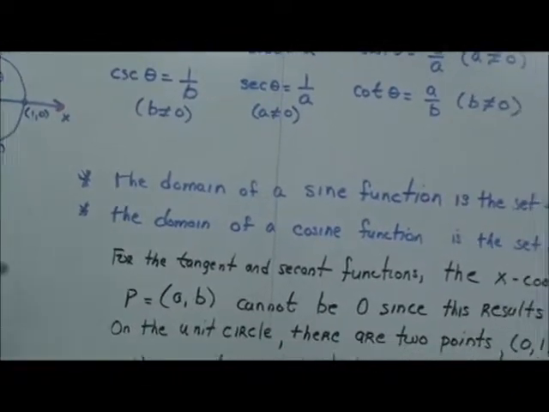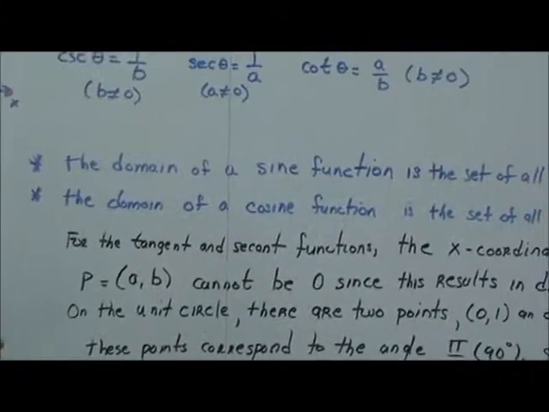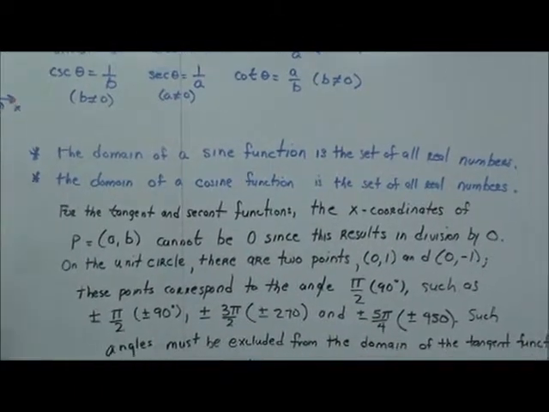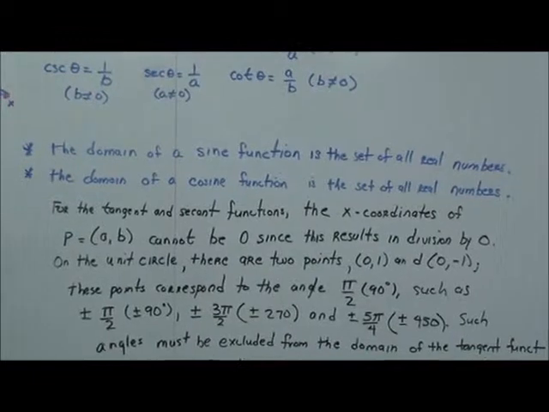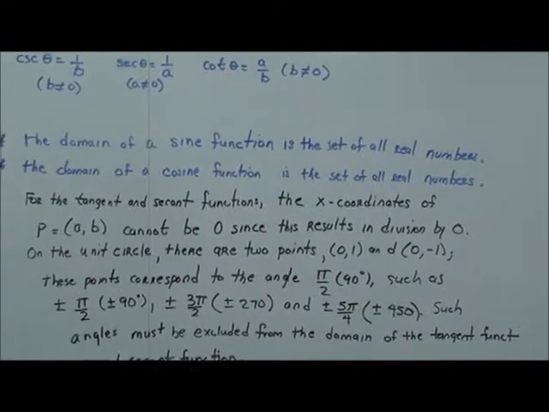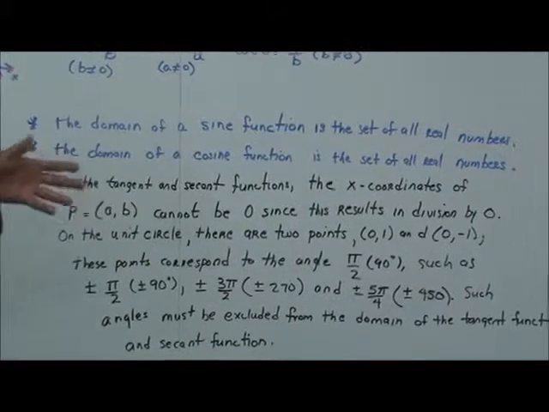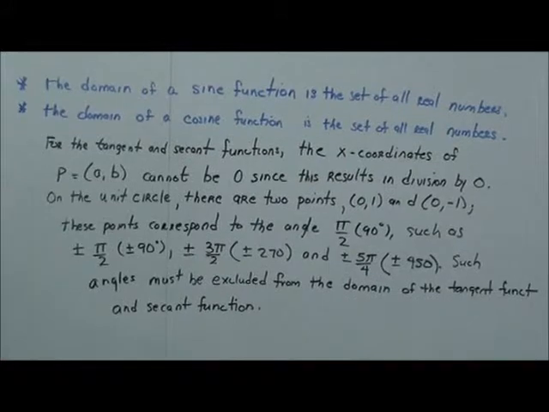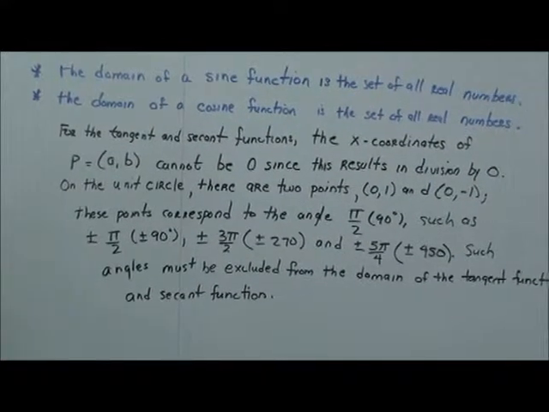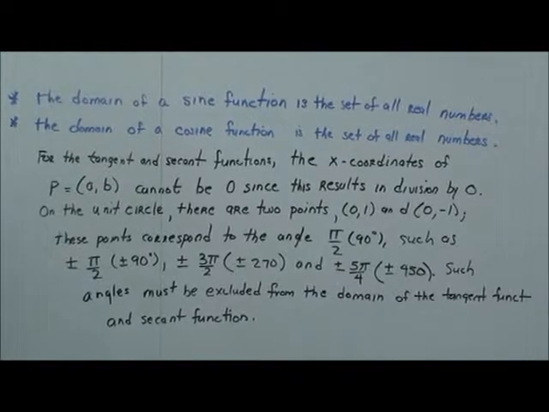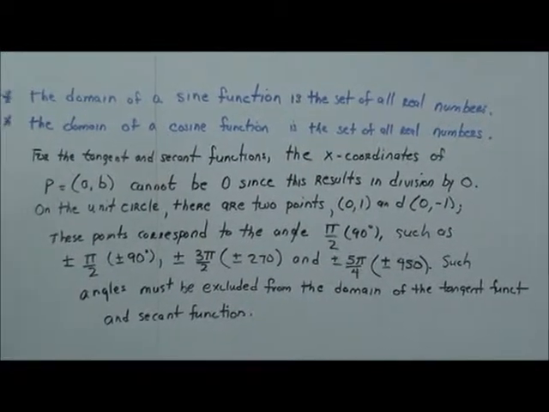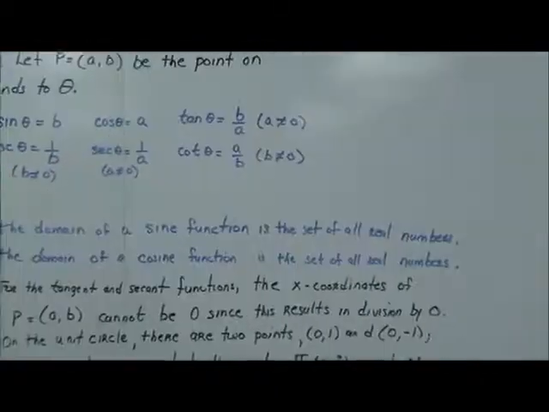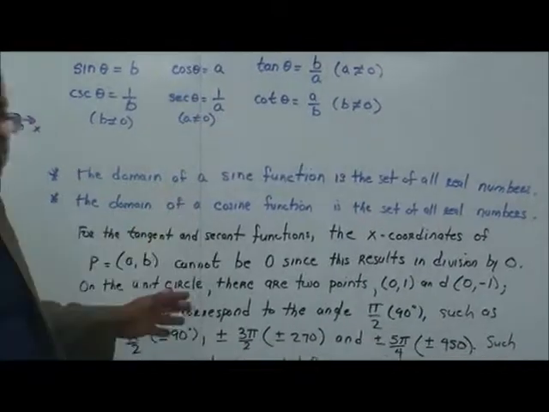Now, understand this: the domain of the sine function is the set of all real numbers. And the domain of the cosine function is also the set of all real numbers. Now, for the tangent and secant functions, the x-coordinate of the point P cannot be 0, since that results in division by 0, which causes the function to be undefined.